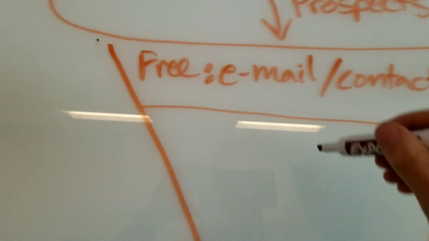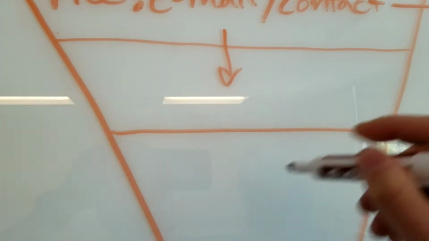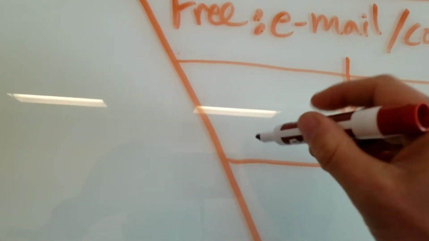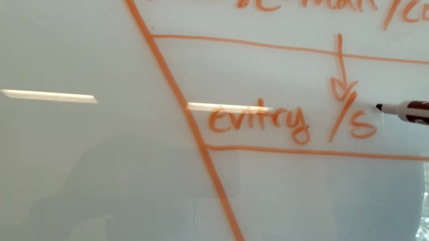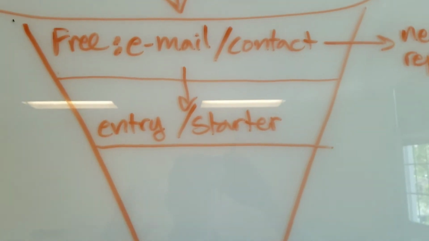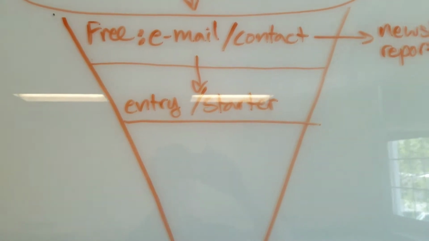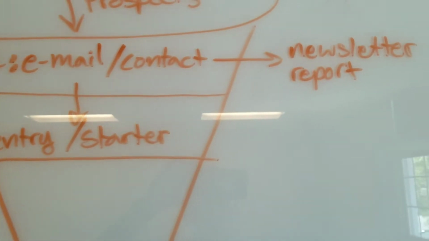The next thing you're going to have in your levels is programs that are your entry or starter programs. These are going to be things like maybe you run a workshop, or just a one-time thing, and it's usually at some sort of low introductory offer.